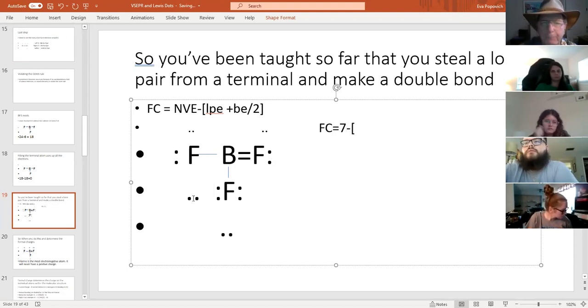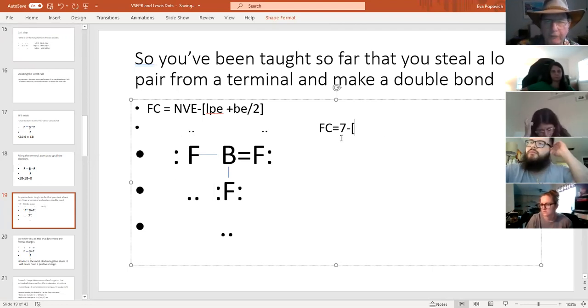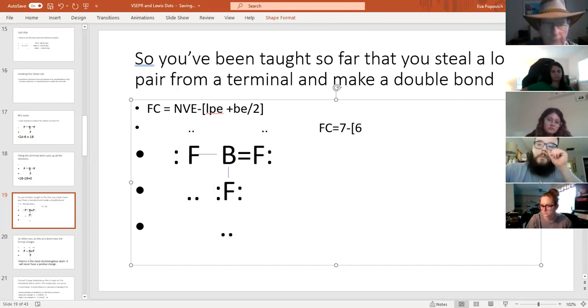How many lone pair electrons are around this fluorine? 2, 4, 6, right? So I have 6 lone pair electrons plus how many bonding electrons? 2. Two electrons make a bond. 1 bond, 2 electrons.